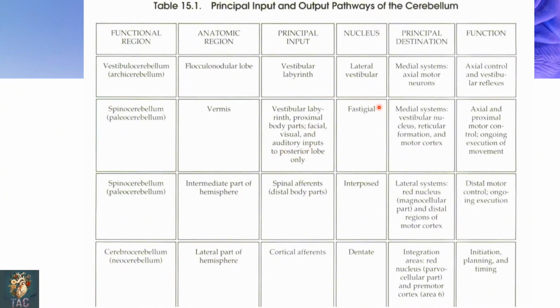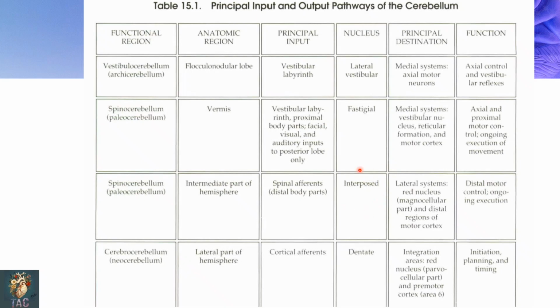The nucleus is the fastigial nucleus, and the principal destination is the medial system, the vestibular nucleus, the reticular formation and the motor cortex. The function of this spinocerebellar system is axial and proximal motor control and ongoing execution of the movement. The intermediate part of the spinocerebellum is related to the spinal efferents, the distal body parts.